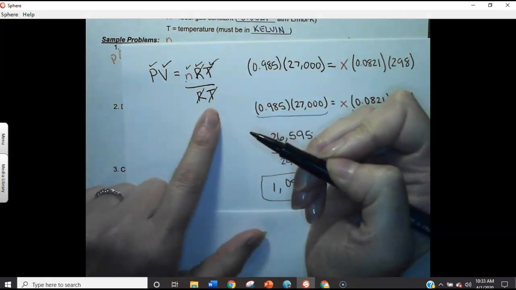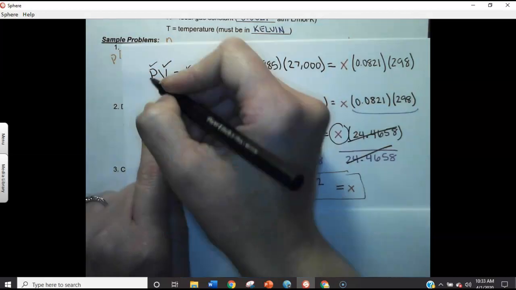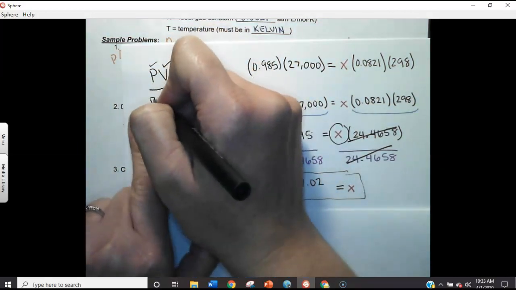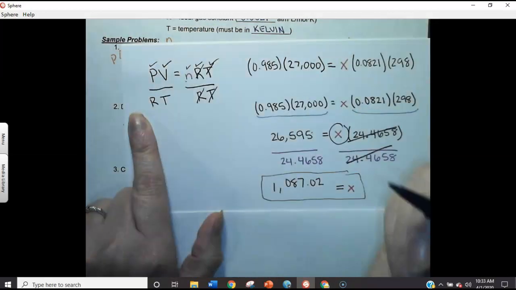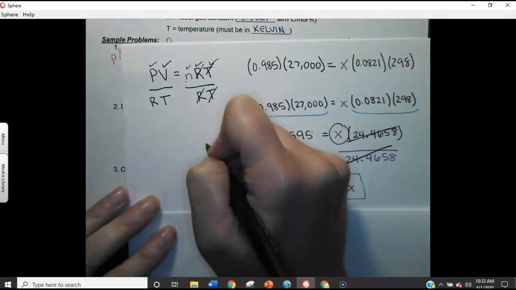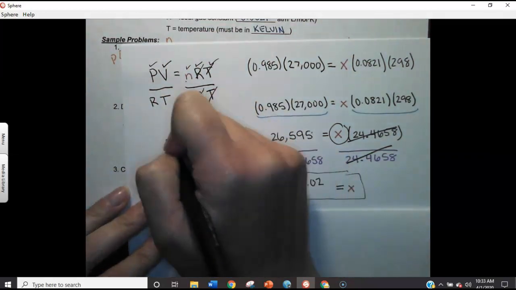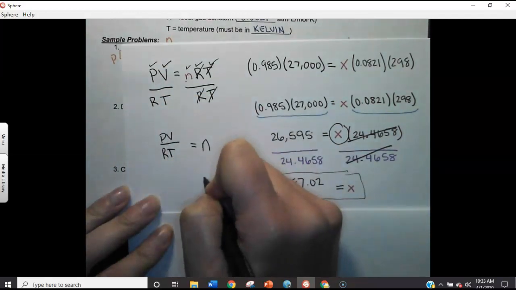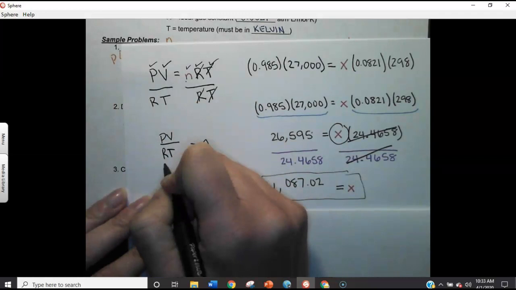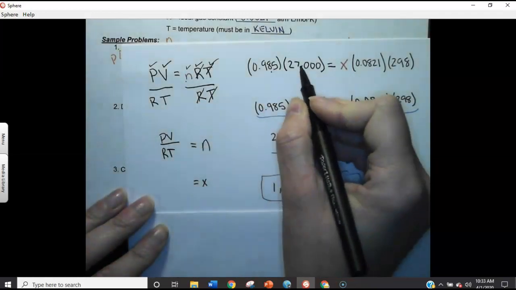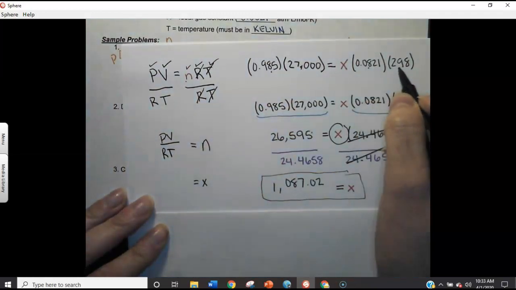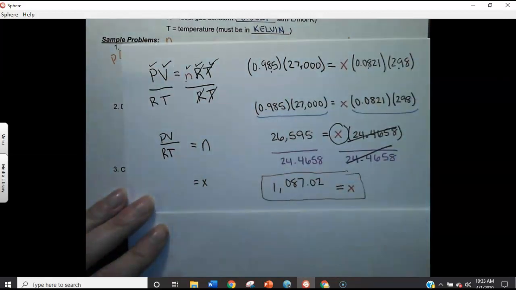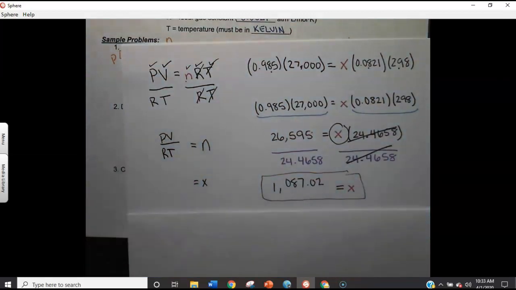And then I do that same thing to the other side of the equation. So it's going to be divided by rt, which means before I even used numbers for this, PV over RT, I can plug it in saying x equals this answer times this answer divided by this one times this one, which is what my algebra did. It was just a little bit easier if you do it this way, I think, but you can do it either way. I'm not telling you which one you have to do.